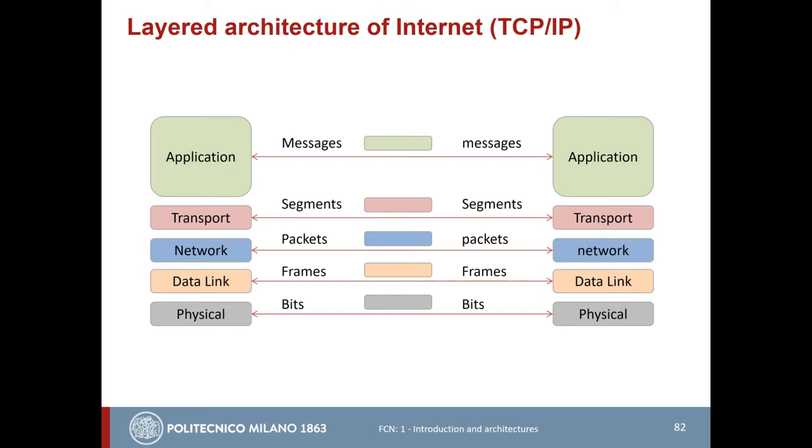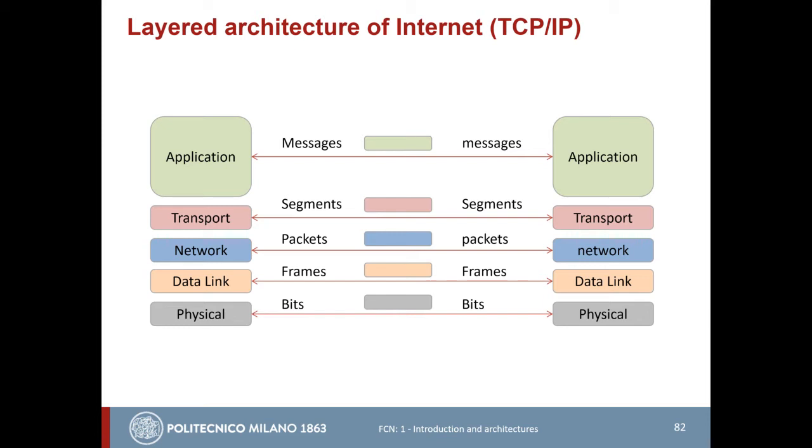The protocol data units of the application layer are called messages, application layer messages. In the transport layer, these messages are encapsulated into a transport protocol data unit, adding a transport header. Transport protocol data units are called segments. Segments are encapsulated into packets that are protocol data units of the network layer.